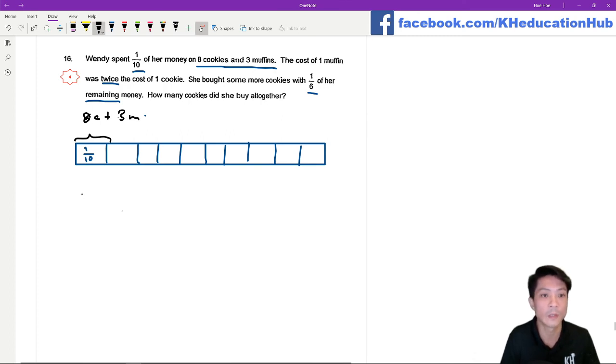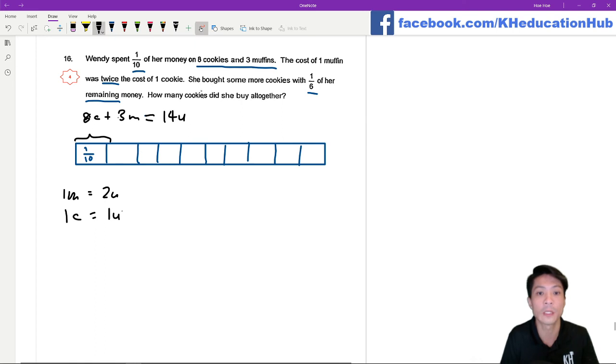The cost of 1 muffin was twice, which means that we let 1 muffin be 2 units, meaning that 1 cookie will be equal to 1 unit. So 8 cookies and 3 muffins is equal to 8 plus 6, which is 14 units. So we know that each one of these parts is 14 units.